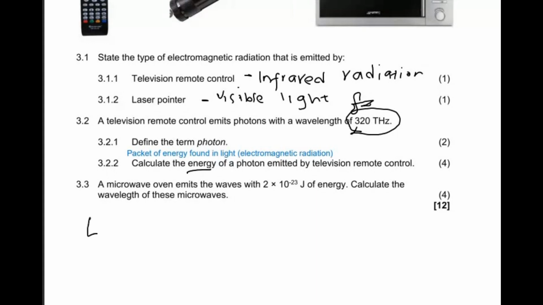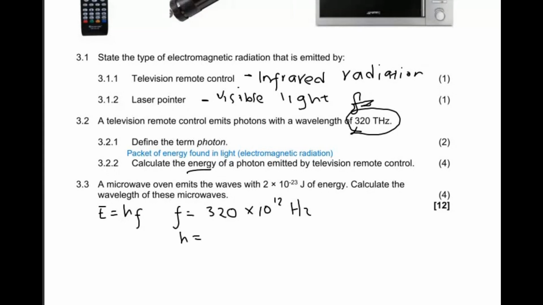We have an equation, E equals hf. We know that the frequency f is 320 terahertz. Tera means multiply by 10 raised to the power of 12. So it's important to also know those prefixes.